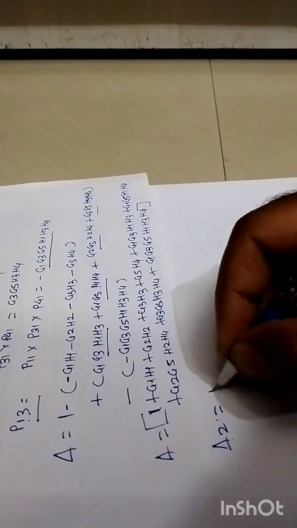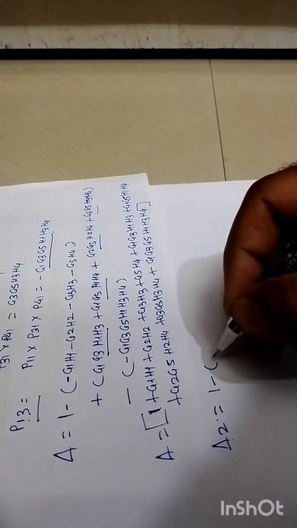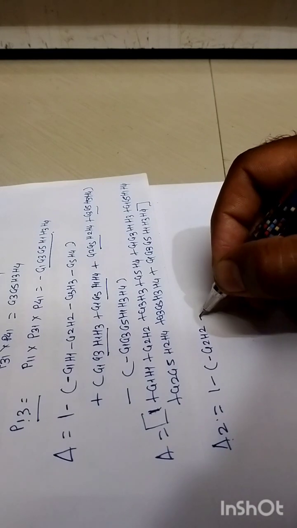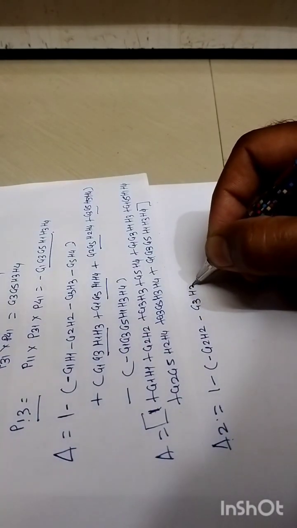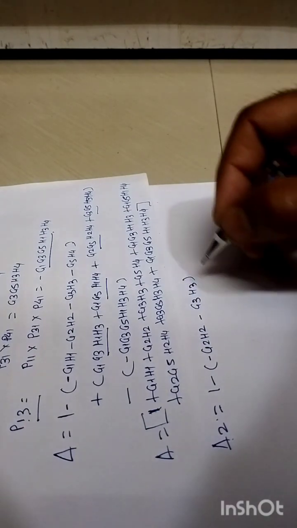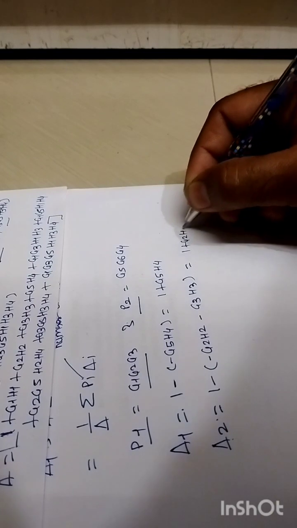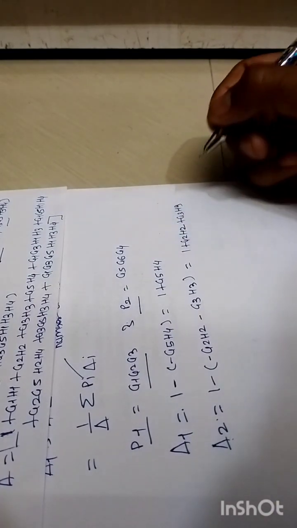So delta 2 will become 1 minus the third loop gain, minus G2 into H2, minus the fourth loop gain, minus G3 into H3. So the overall value of delta 2 will become 1 plus G2H2 plus G3 into H3.